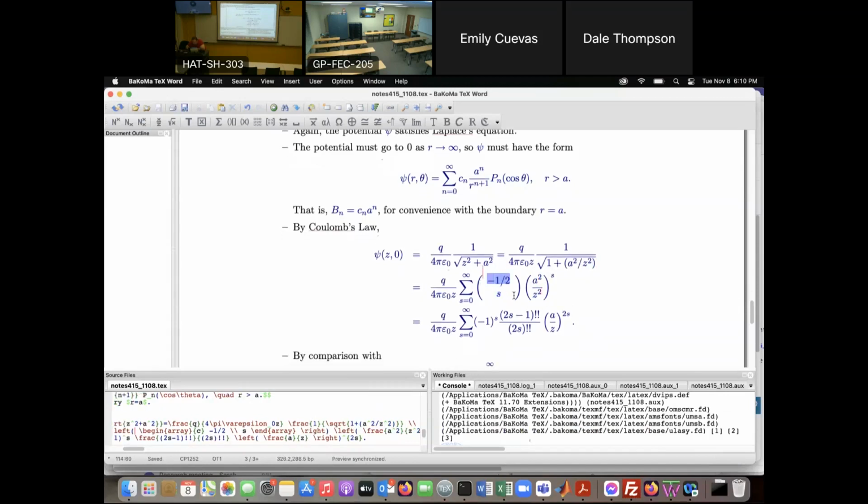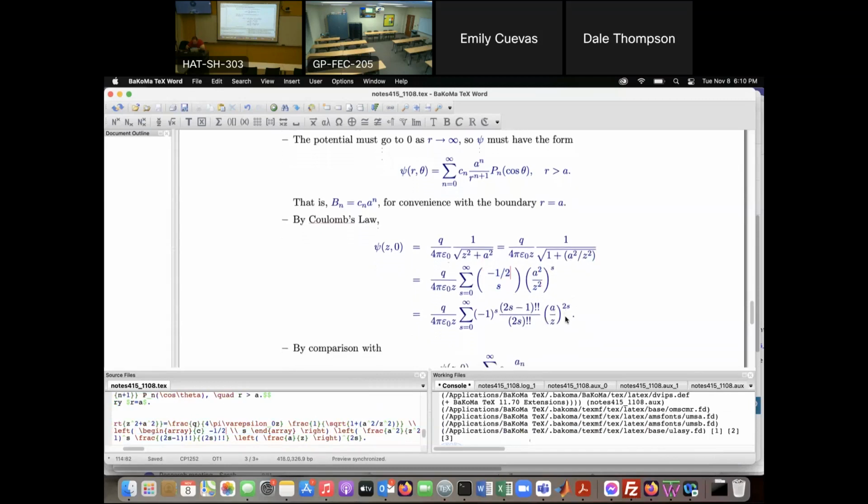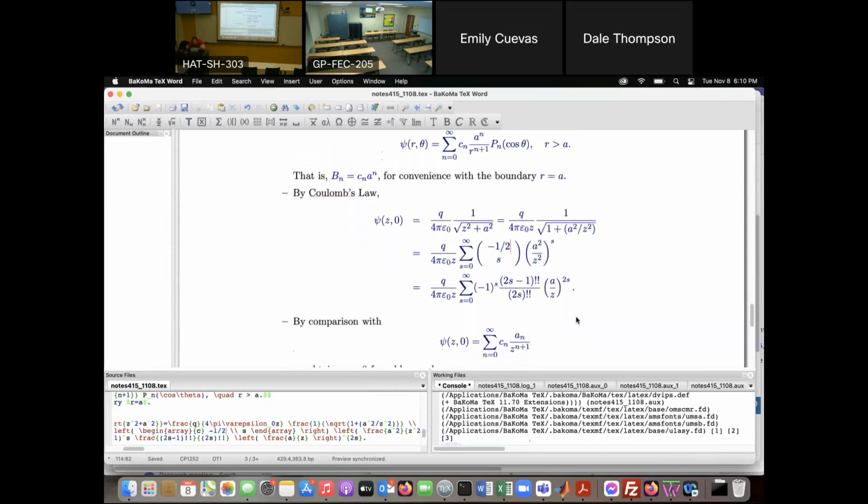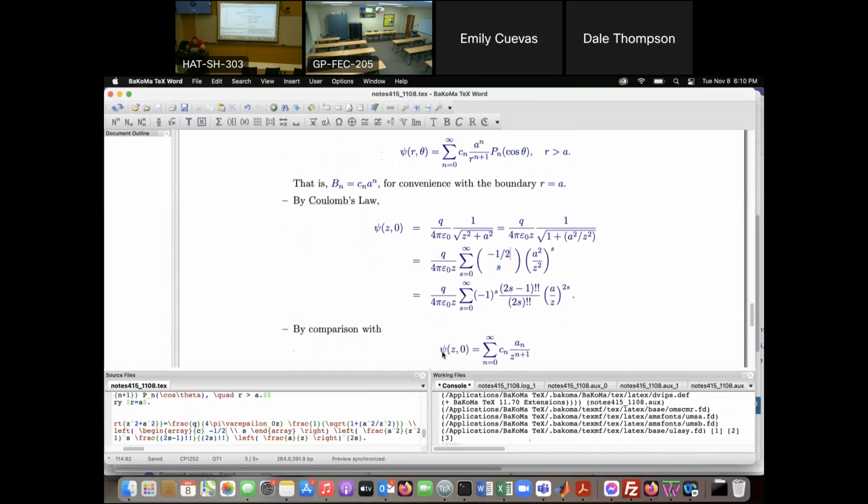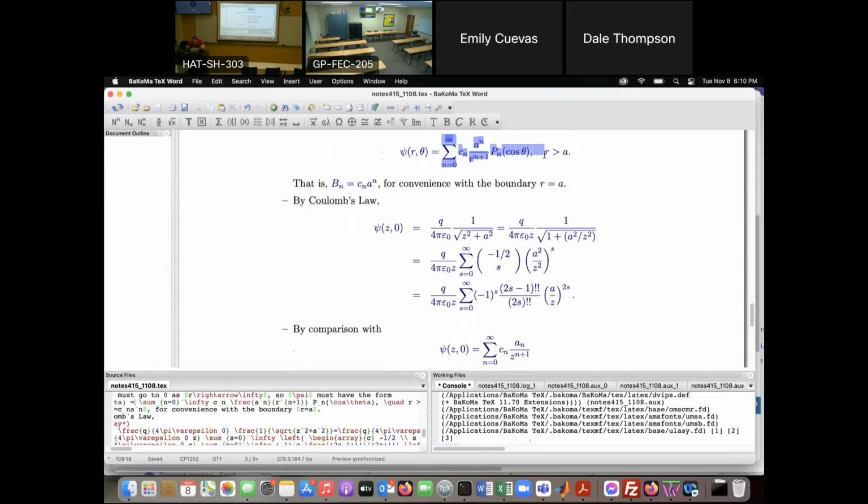But now when I evaluate this binomial coefficient, I get this expression. We've seen this before, where we have these double factorials, and a over z raised to the 2s power. Then, if I take r equals z and theta equals 0 and substitute that in here, this is what I get, just from cosine 0 equals 1.